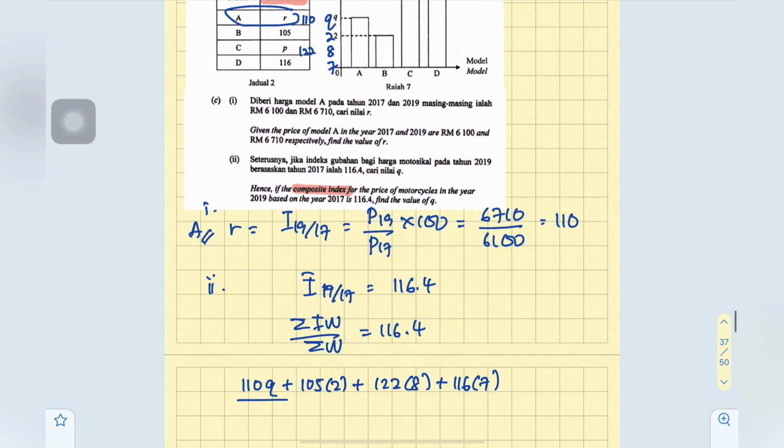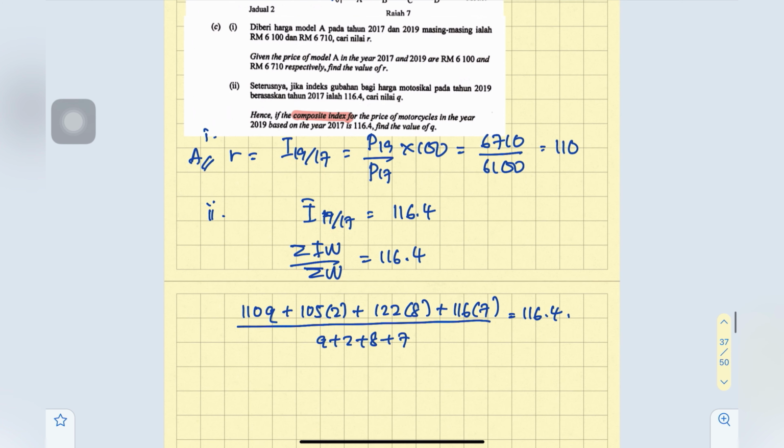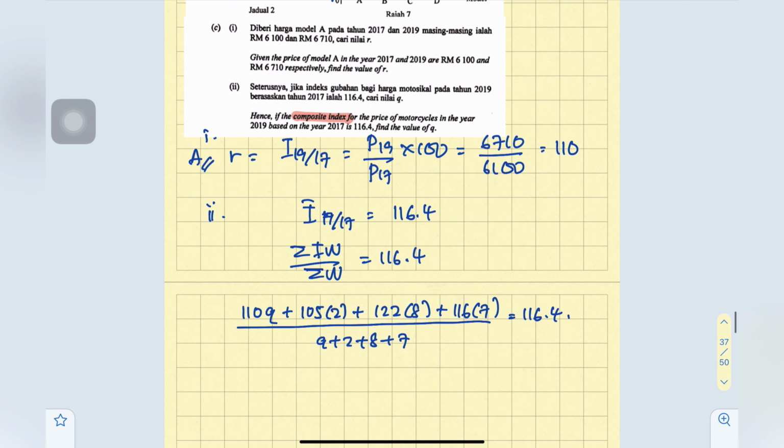Okay, bahagi dengan total of weightage Q plus 2 plus 8 plus 7 equals to 116.4. Okay, so kita selesaikan je lah yang ni pengiraan biasa ni. So here we got 110Q plus 1998 sama dengan 116.4 times Q plus 17.